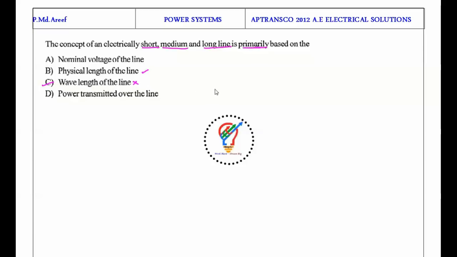If the wavelength is less than 4K, we can call it a short transmission line. In between 4K and 12K, we call it a medium transmission line. More than 12K, we call it a long transmission line. All have units of hertz. So the answer is the wavelength of the line.